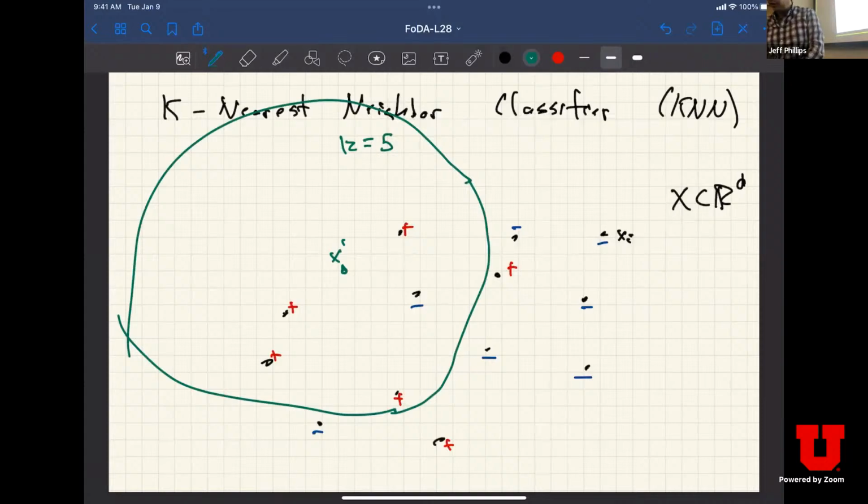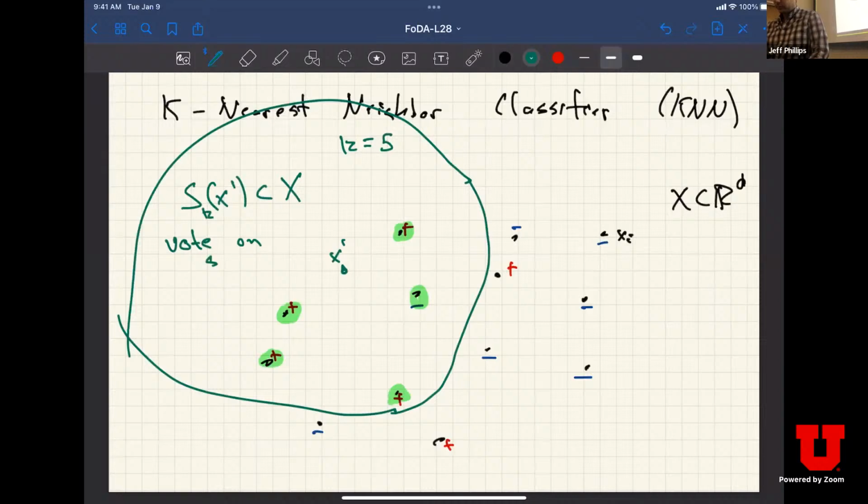And then I'm going to vote. This set of 5 points inside the circle, I call this x prime k, which is going to be a subset of X. And then I'm going to vote on the signs in it.